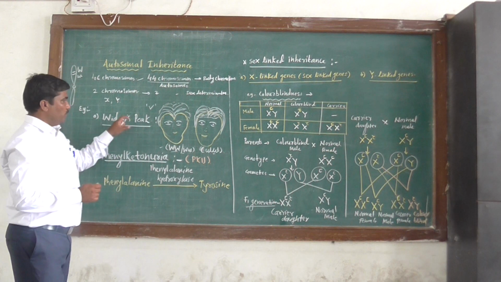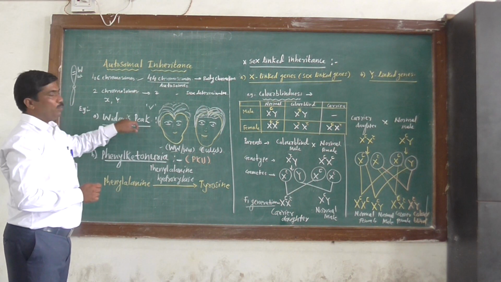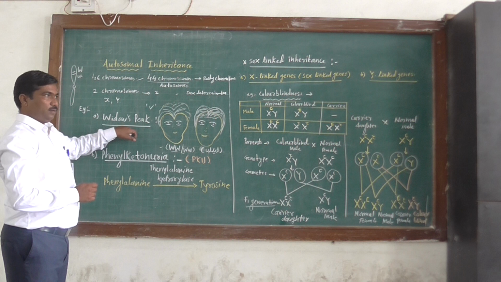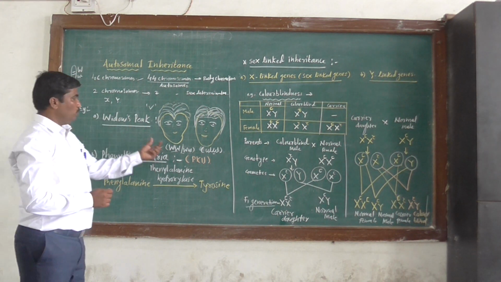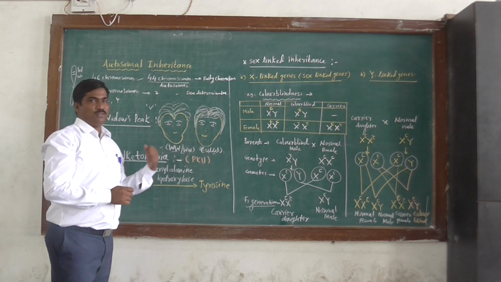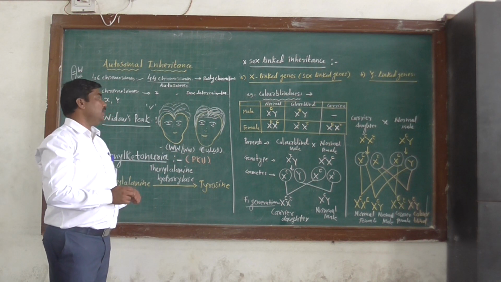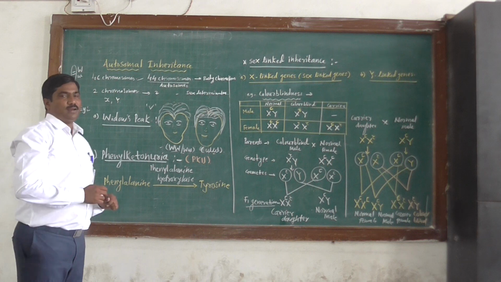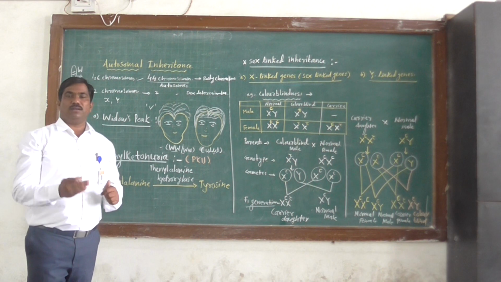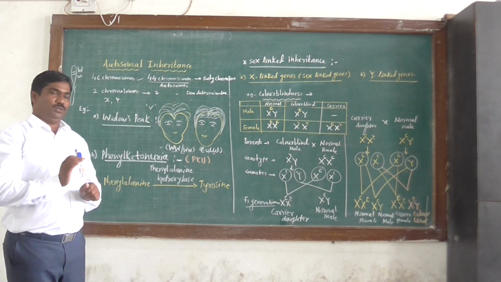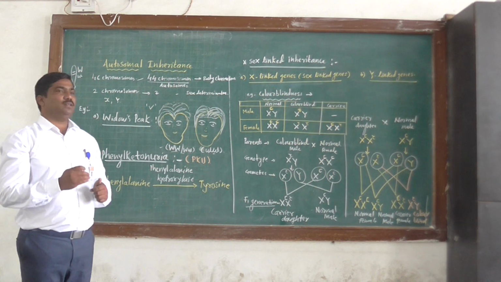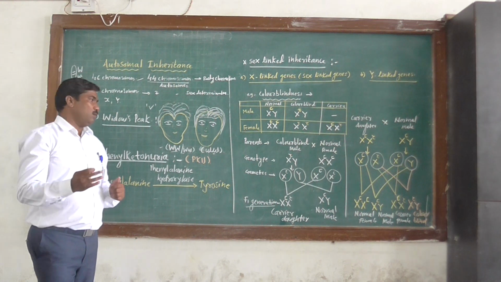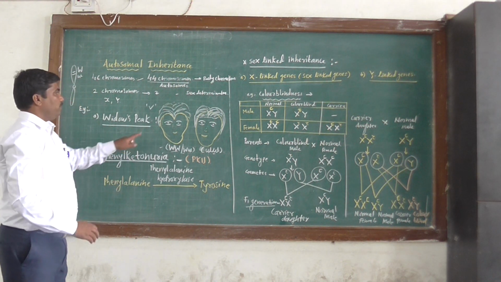Remember this, widow's peak is an autosomal dominant trait. It is caused by the dominant genes in a homozygous or heterozygous condition. And this dominant trait is expressed in every generation. It does not skip a generation.